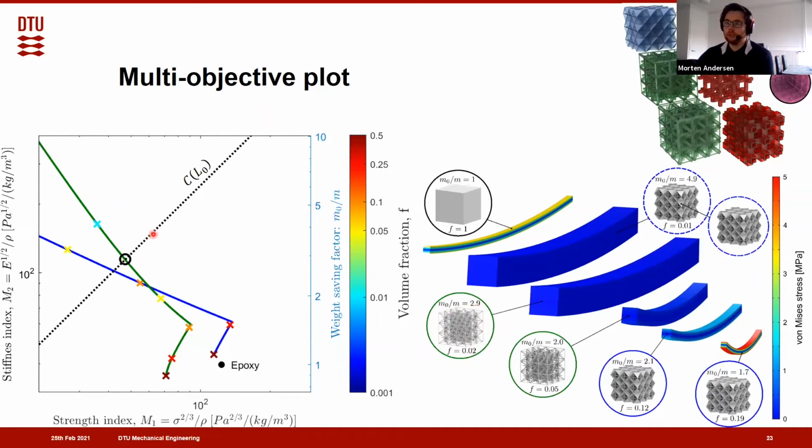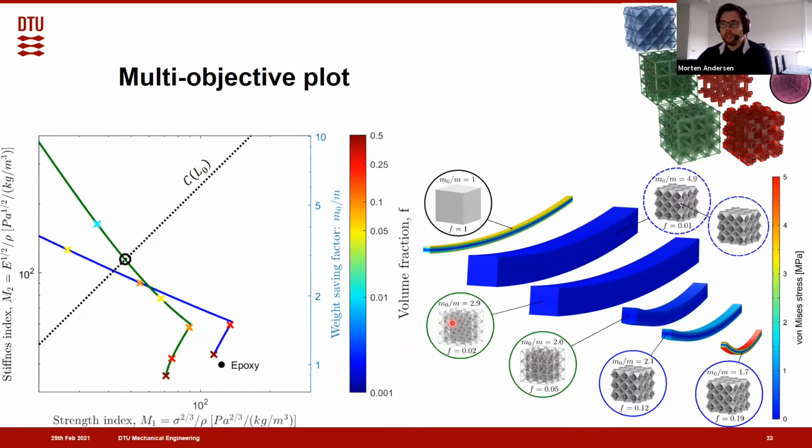So just to reiterate, this coupling line determines the geometry of the beam, and whichever lattice crosses this line at the highest has the highest weight saving potential. So for this case, the optimal lattice would be the isotropic truss lattice.